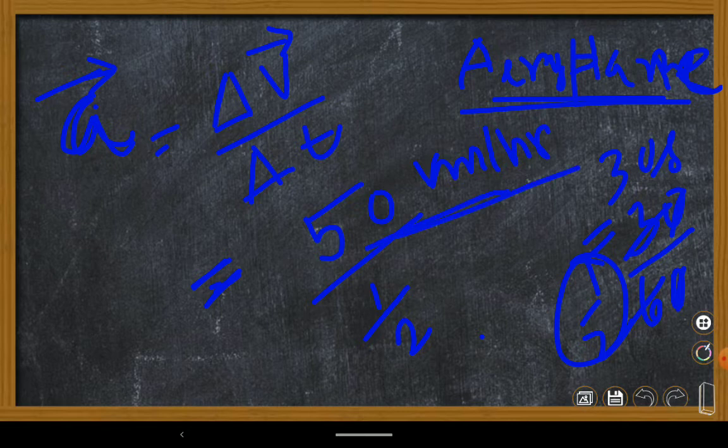So 50 divided by 1 by 2 means the acceleration of the airplane equals 50 into 2, that means 100 kilometer per hour square.